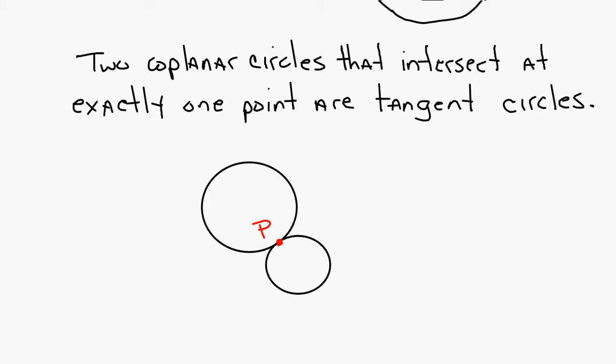All right, example 2 there talks about find the length of each radius, identify the point of tangency, and write the equation of the tangent line at this point. So what you've got there in example 2 is two circles.